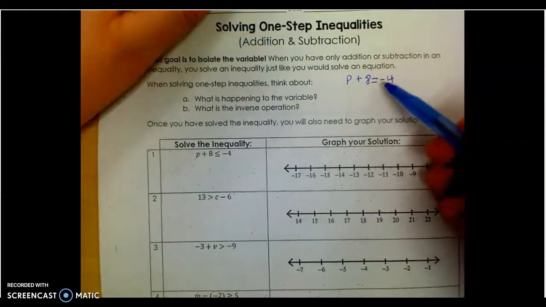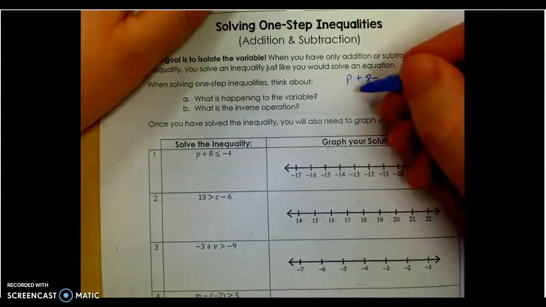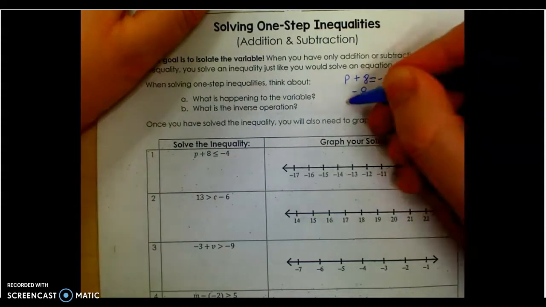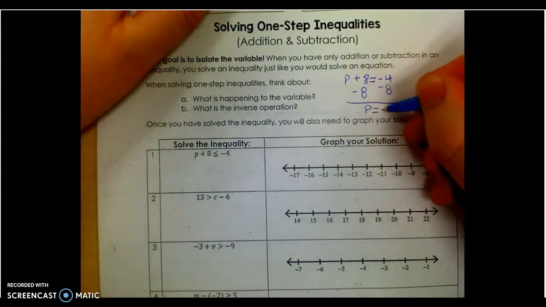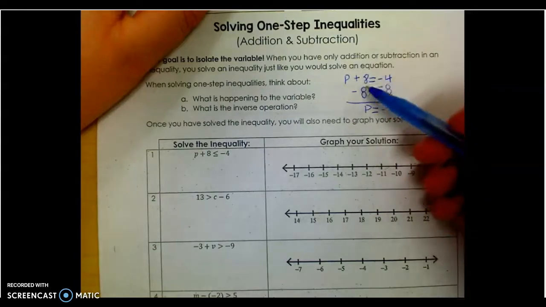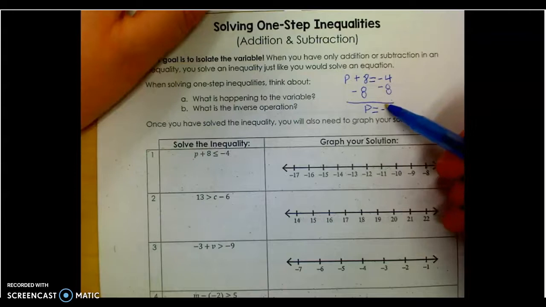I'm pretty confident by now that all of you would be able to solve this equation. Right, our inverse operation would be subtracting 8 from both sides. So we would get P equals negative 12. Well, all we did to solve this was we subtracted 8 from both sides. Negative 4 minus 8 is negative 12.